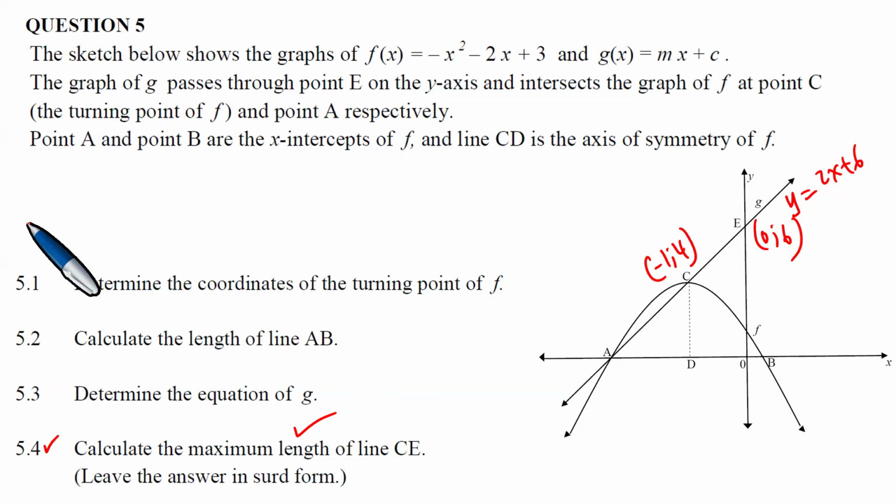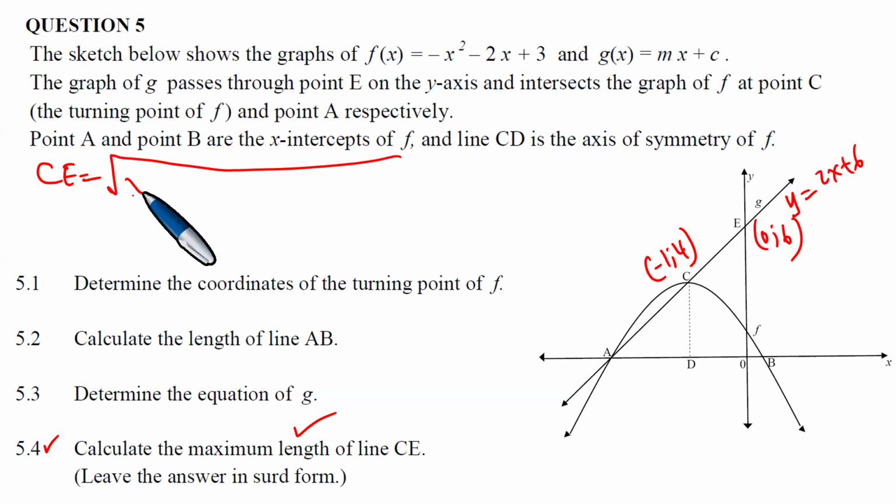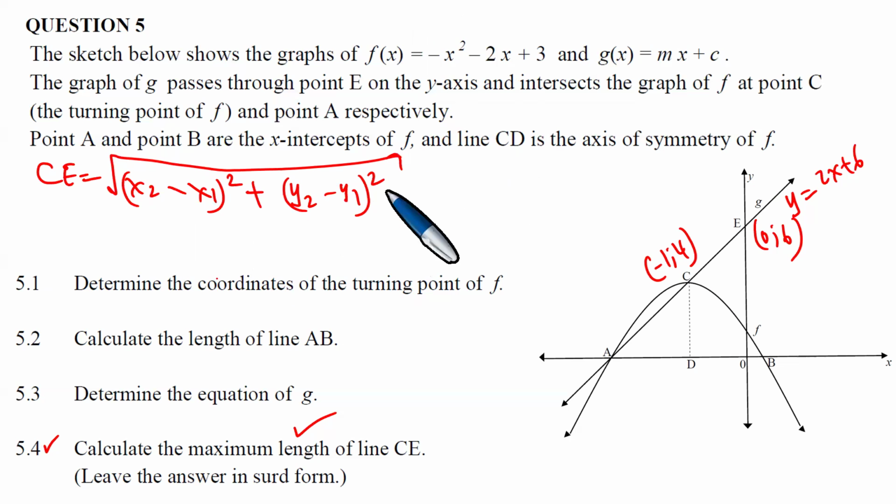To find the maximum length of CE, CE is nothing other than the square root of x2 minus x1 squared plus y2 minus y1 squared.